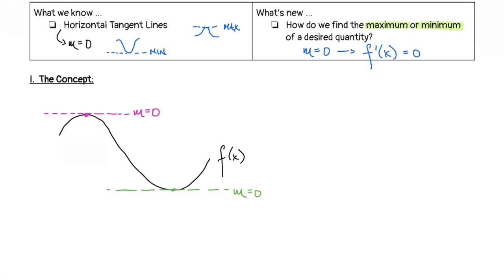Now, how would you use slope to tell me the difference between the pink one, where the slope is 0, and the green one, where the slope is 0?